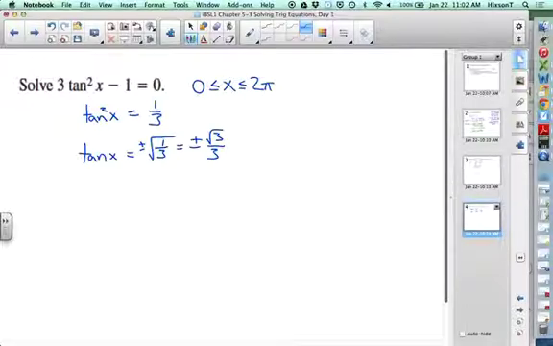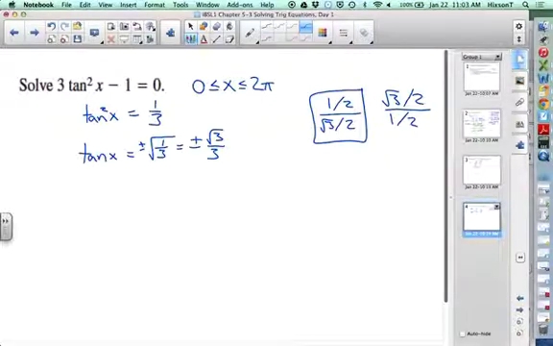If we had 1/2 divided by root 3 over 2, or root 3 over 2 divided by 1/2, which one is it? The first one. So sine is 1/2, cosine is root 3 over 2. What angle is that? Pi over 6.